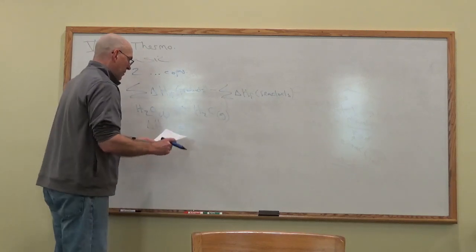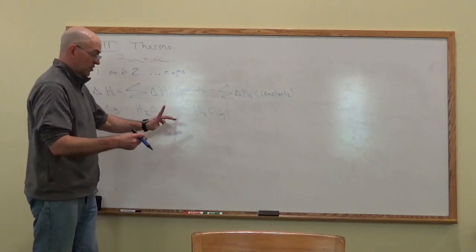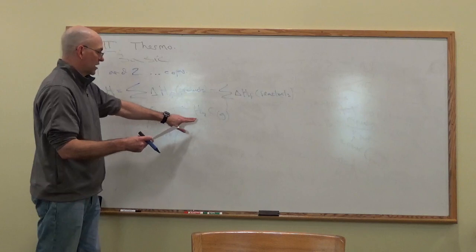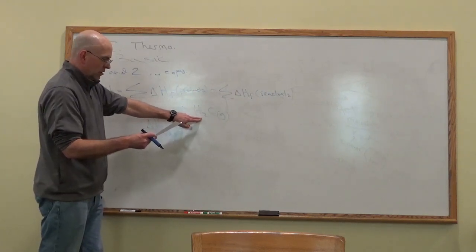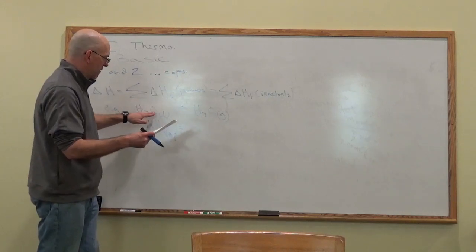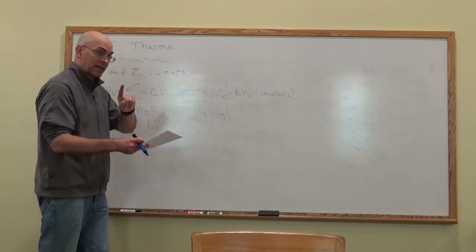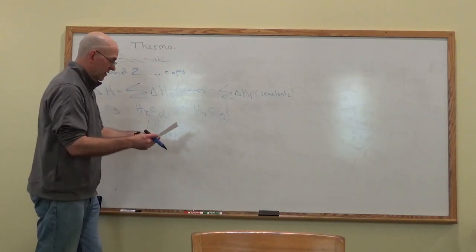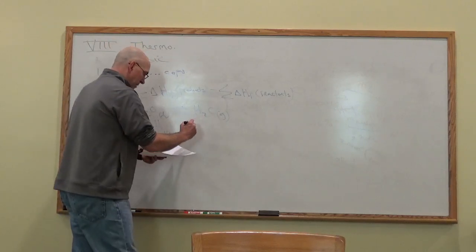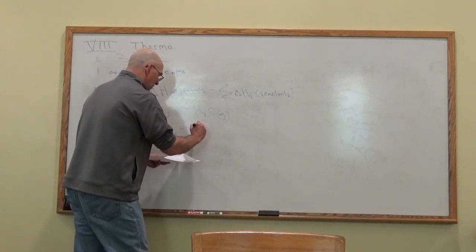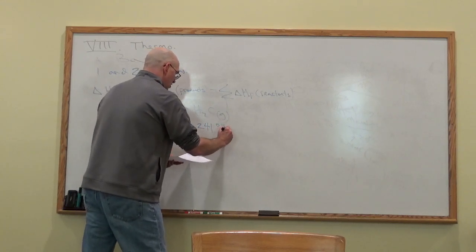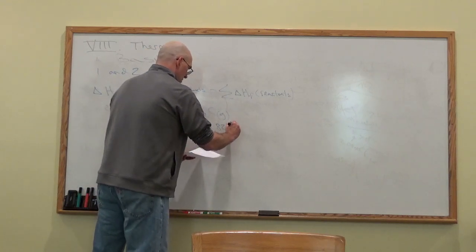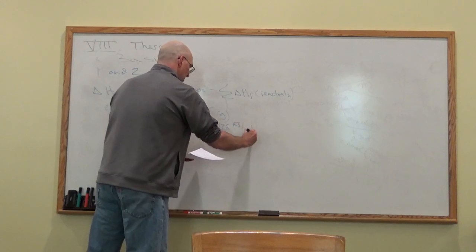And I'm just going to go right to the numbers. You look up the heat of formation of gaseous water and subtract from that the heat of formation of liquid water. Make sure you're paying attention to which state of matter it is. So the heat of formation of gaseous water is negative 241.826 kilojoules per mole.